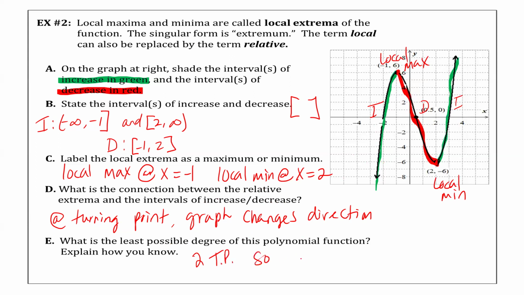So the smallest degree possible is 3. Make sense? Because when we talked about degree of 3, what was the max number of turning points it could have?